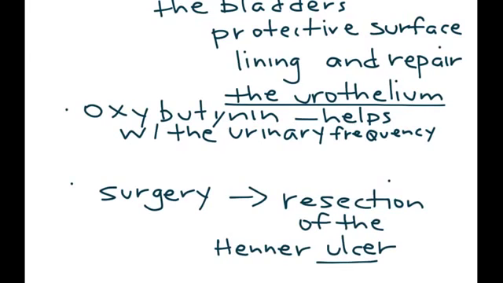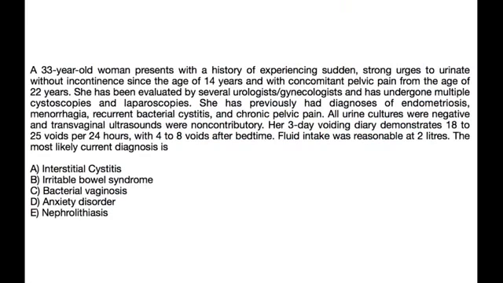So now let's take a look at a few clinical vignettes. A 33-year-old woman presents with a history of experiencing sudden, strong urges to urinate without incontinence since the age of 14 and with concomitant pelvic pain from the age of 22. She has been evaluated by several urologists, gynecologists, and has undergone multiple cystoscopies and laparoscopies.